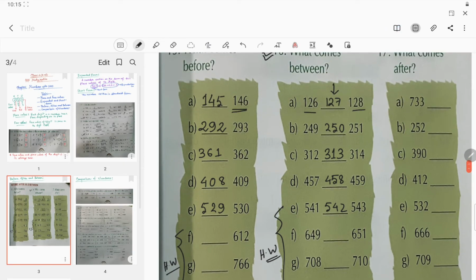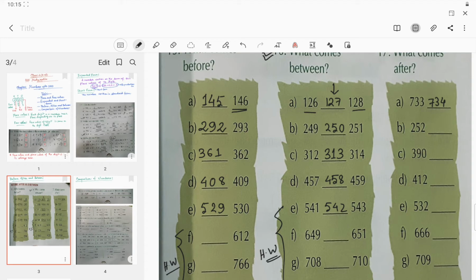Now what comes after? Which number will come after the numbers which are given? In A, it is given 733. So after 733, the number that will come is 734. That is the successor of 733.